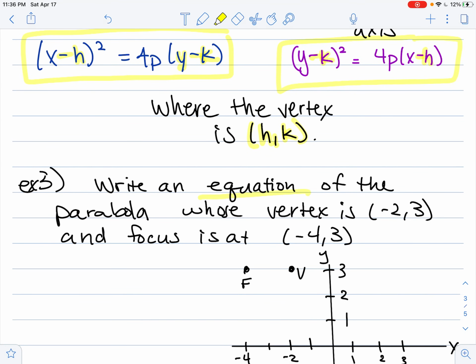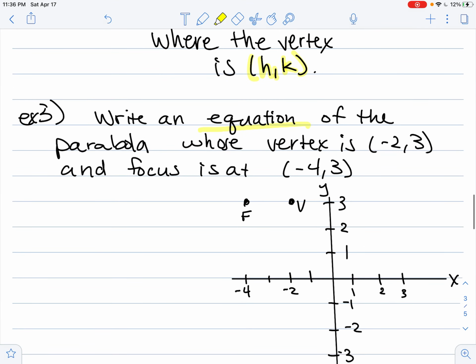Write an equation of the parabola whose vertex is -2, 3. Remember, the vertex is h, k. And the focus is at -4, 3. So the first thing I would do is I'm going to graph this. Here's my -2, 3. Here's my -4, 3. This is my vertex. Here's my focus. Well, I know the distance between these two is p.